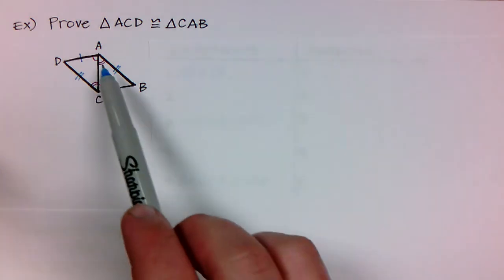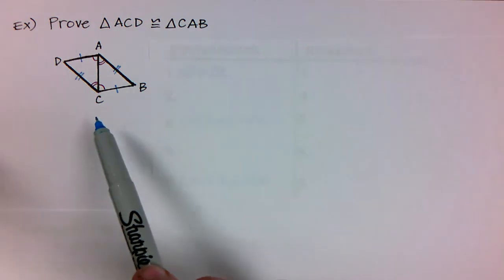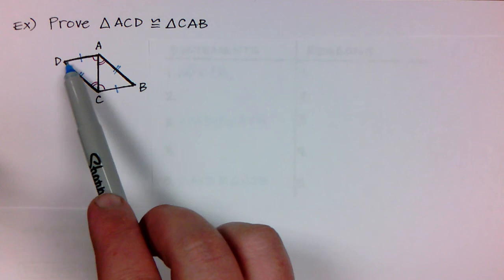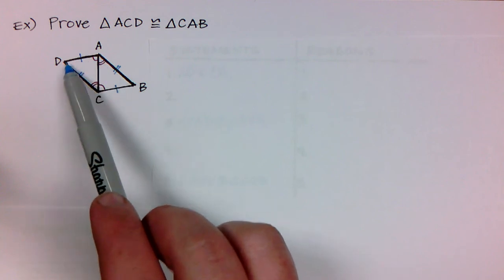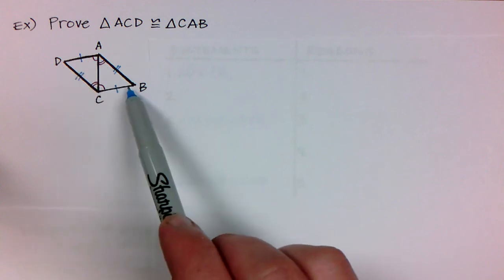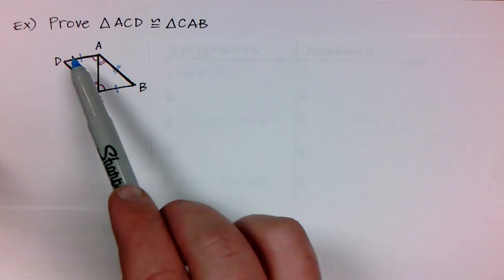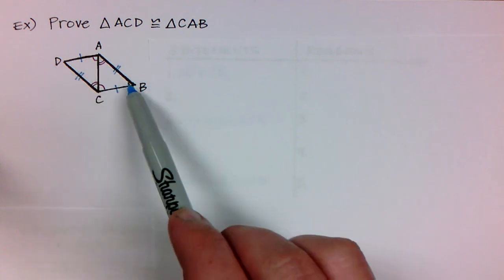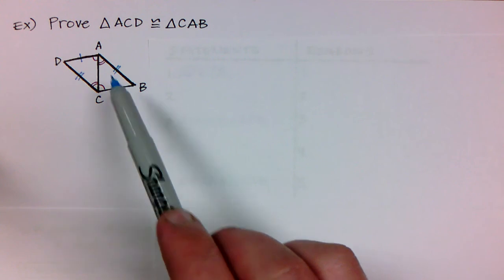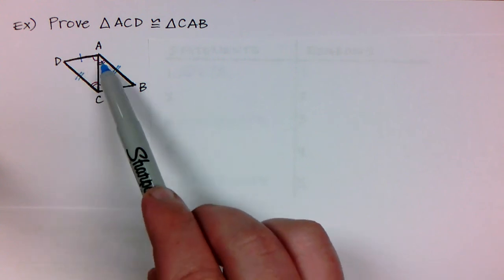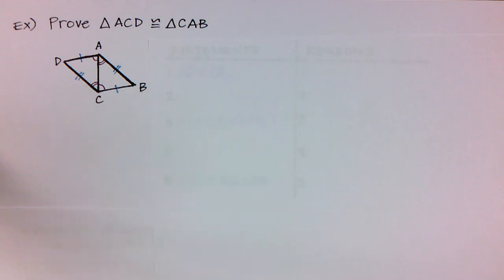I'm also shown some details of what's congruent in this diagram. I'm given that AD is congruent to CB. That's two of the sides that correspond to one another. Also that DC and AB are congruent to one another. I'm also told that this little angle is congruent to this one, and this double arced angle is congruent to that one.